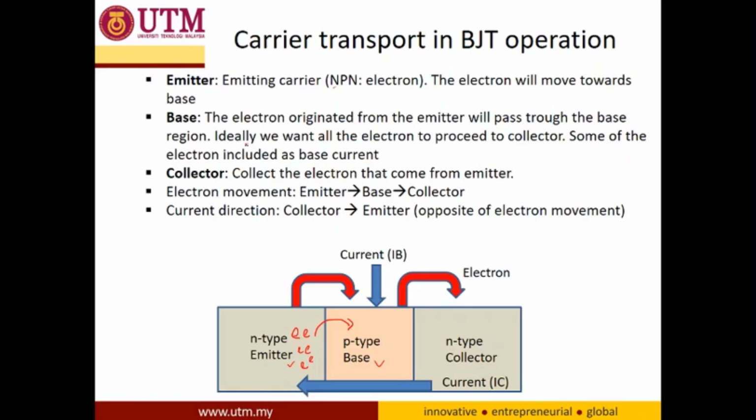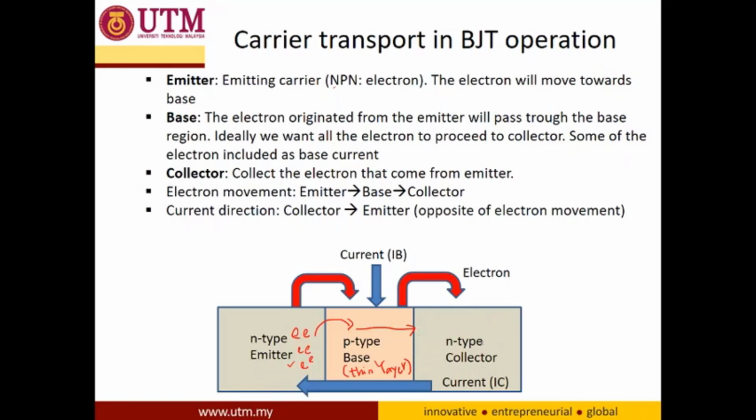And then the base. The base is a thin layer. In the base, the electron coming from the emitter will pass through the base region. Ideally, we don't want anything to happen to this moving electron. The moving electron should pass through the base region and move towards the collector.